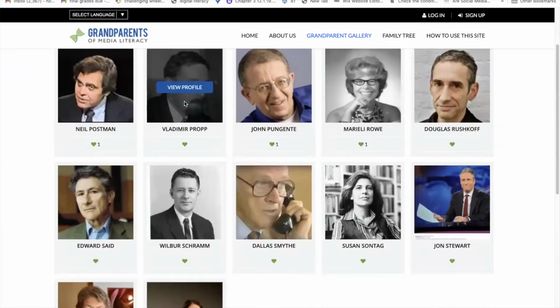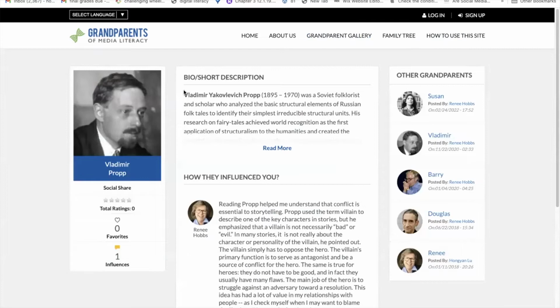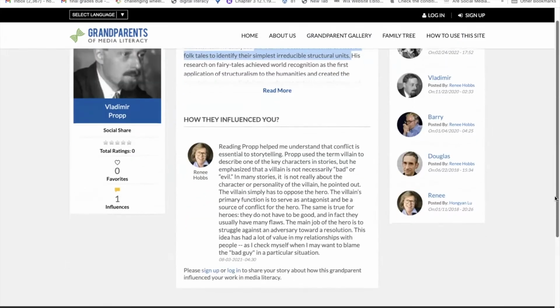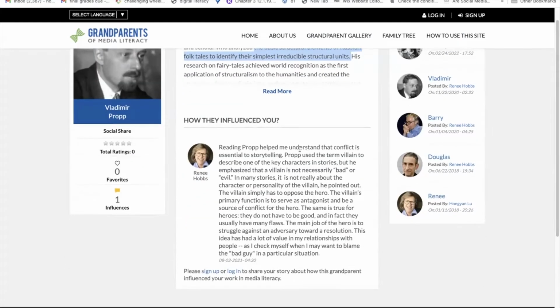But here's how I want to share with you my experience of how Vladimir Propp influenced me. Of course, he analyzed the basic structural elements of Russian folk tales to their simplest structural units. And for me, Propp was influential in helping me understand the role of conflict in storytelling.